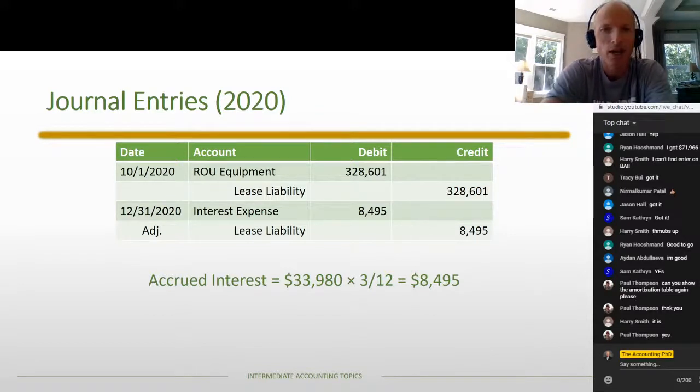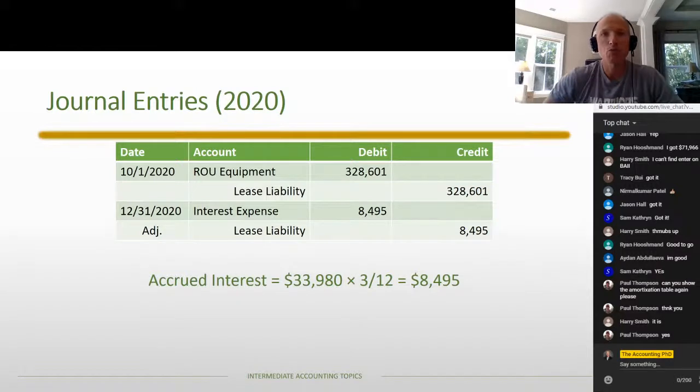So I'm gonna kind of talk you through why we credit the lease liability. So we have incurred a lease expense on paper, right? So that's this process of amortization. Now the question is, okay, given that I've incurred an interest expense, but I have not paid that expense, where do I put the offsetting credit?